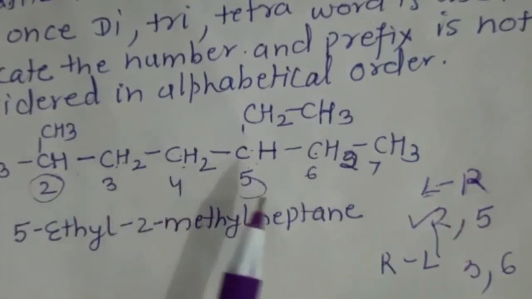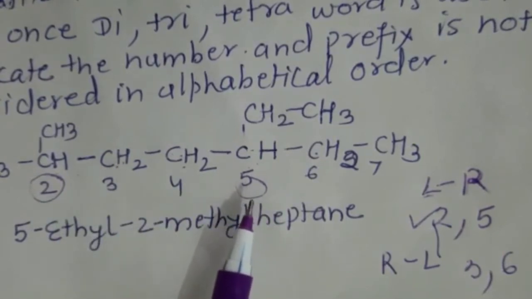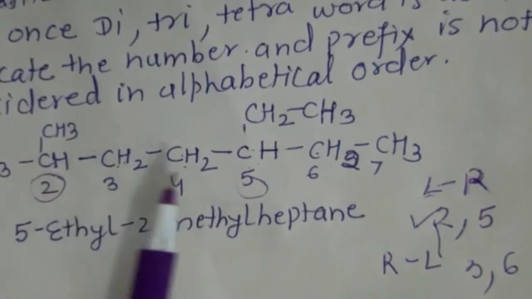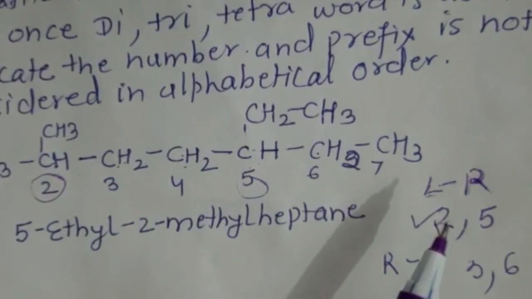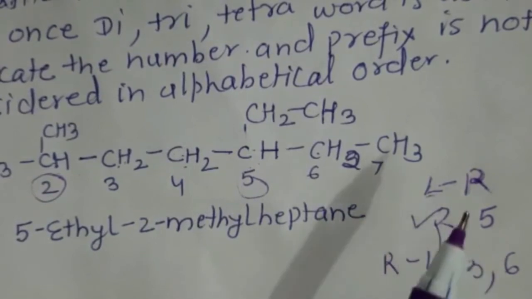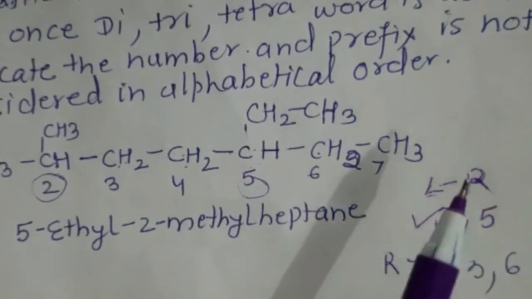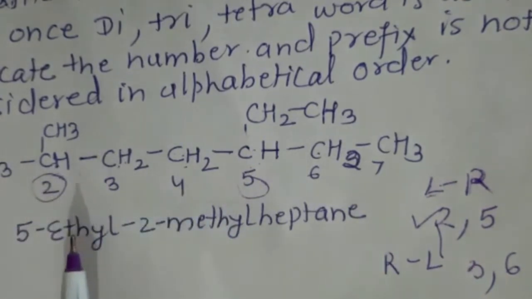So in this case, alphabetically, ethyl is not given the smaller number, but methyl is given a smaller number because according to the lowest locant rule, the preferred order will be 2 and 5, not 3 and 6. And that is why methyl is given number 2 and ethyl is given number 5, in spite of the fact that ethyl comes first as compared to methyl in alphabetical order.